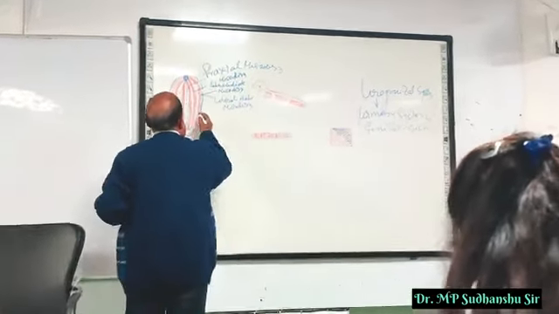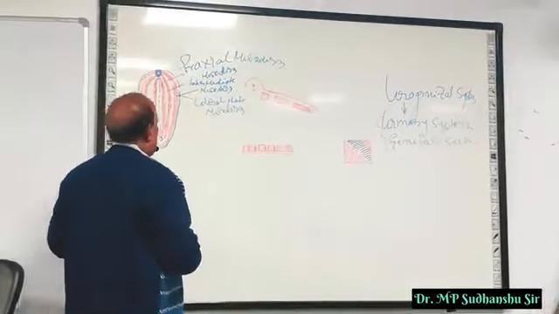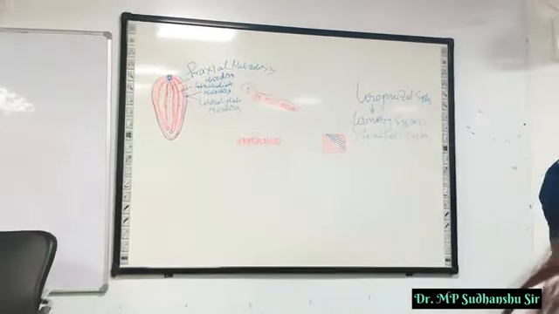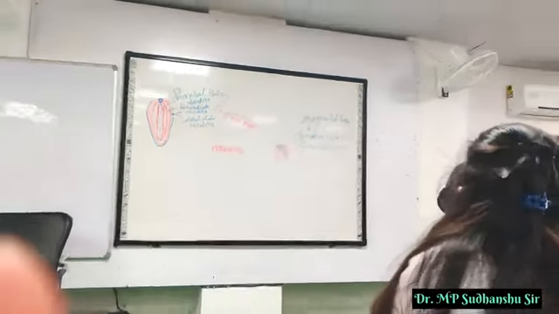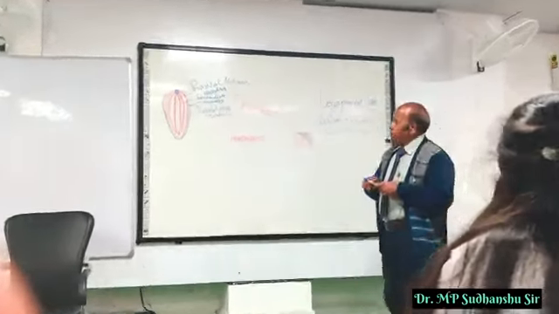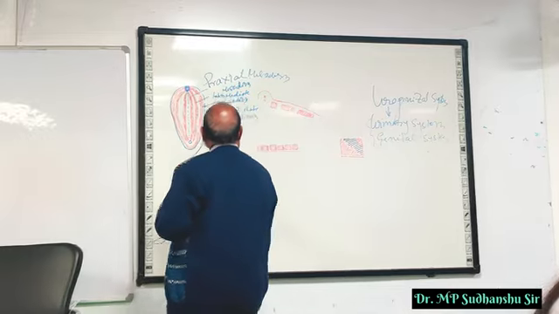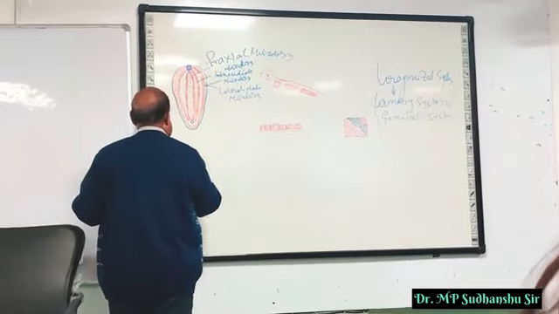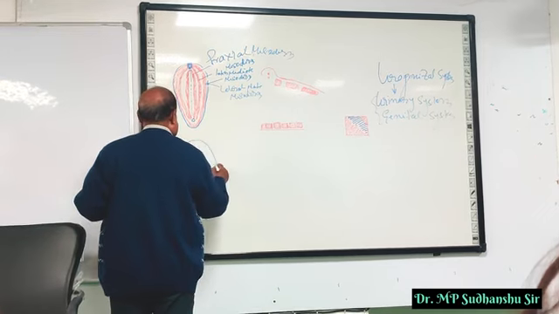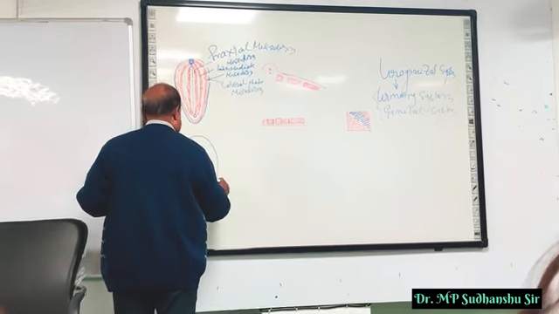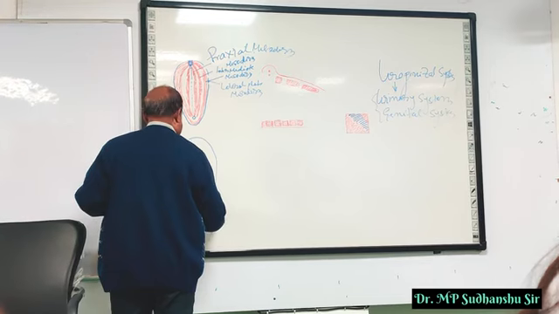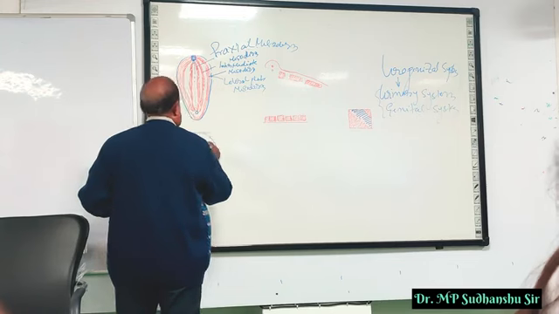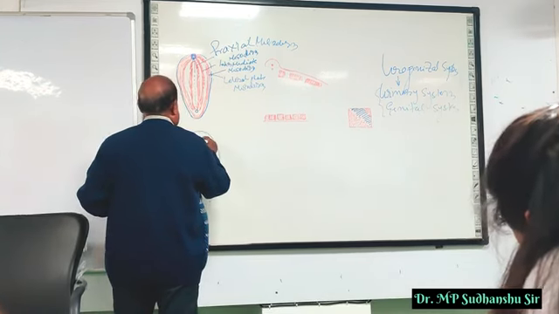Then the lateral plate mesoderm becomes differentiated into two layers. How? For that, let me make another diagram. Suppose I am making only the lateral plate mesoderm.